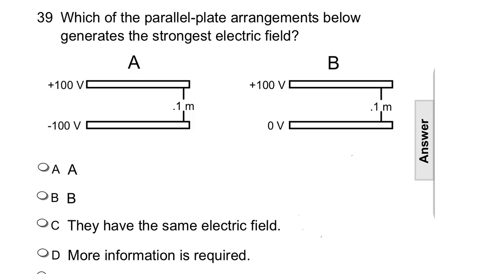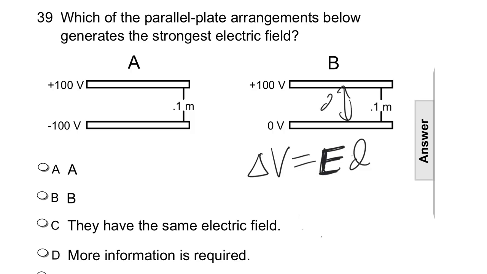Okay, I should have taught you this before, but there's another equation that's very useful for parallel plates. And that's V equals the electric field times the distance between the plates. So how did I get this equation?